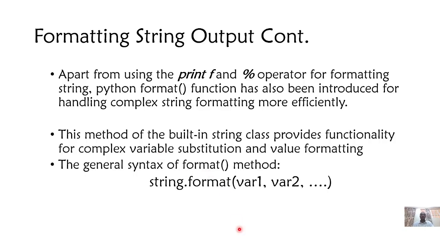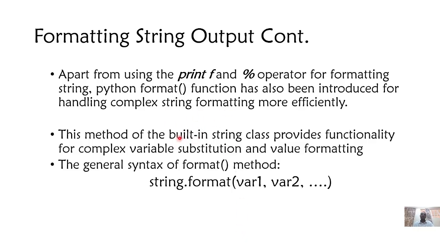First, declare a variable name which is going to have the sentence. Inside the sentence, where you want to put the value assigned to other variables, you put curly brackets.